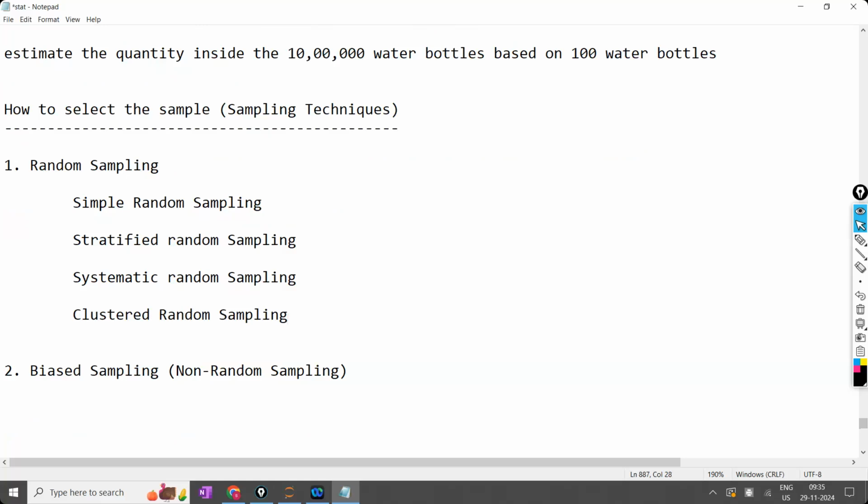Cluster means grouping of similar records. So you're going to group the similar kind of records, and whatever the cluster it has created, from that you are going to identify some samples. This is called as cluster random sampling.